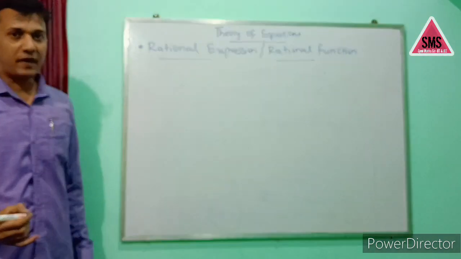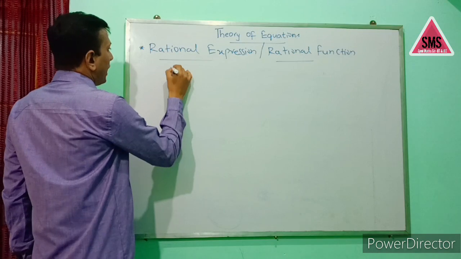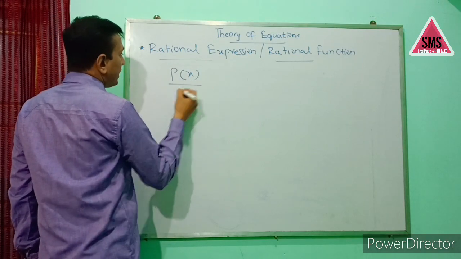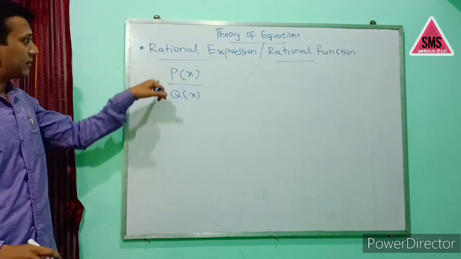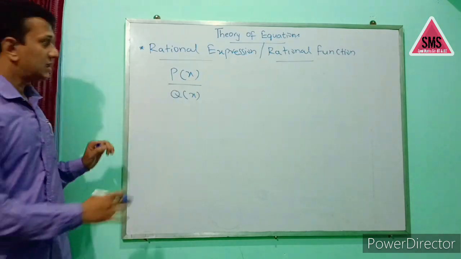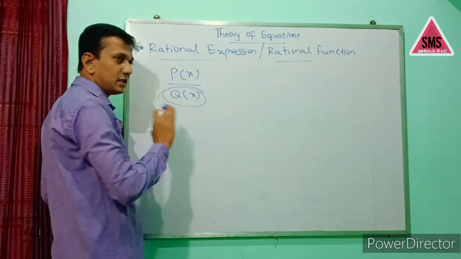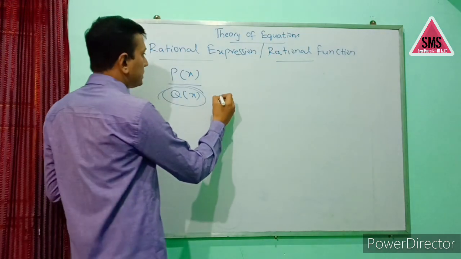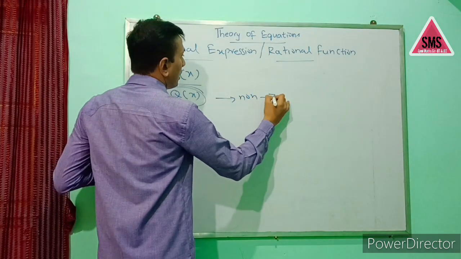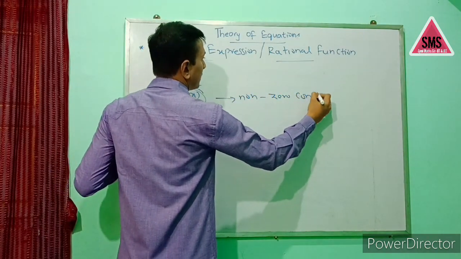What is meant by rational function? If any function, that means any polynomial, is written in the form of p of x by q of x, where this q of x is not zero, that means it is a non-zero constant.